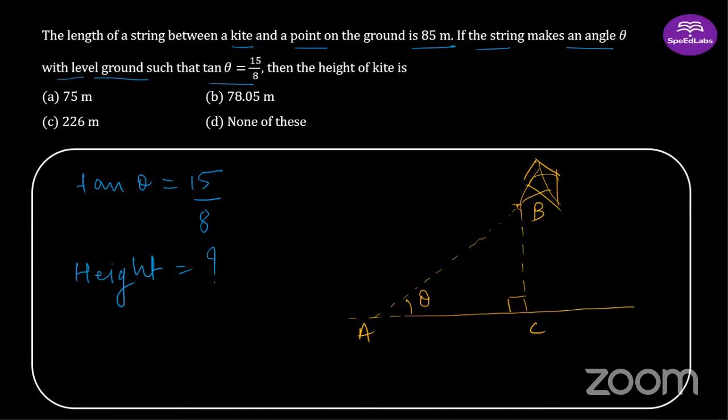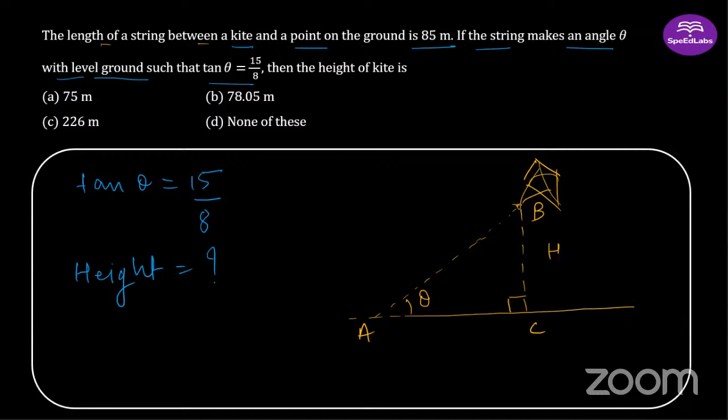Sir, which two sides will be taken? See, length is given. So first we need to sort out what this length would be equal to. The height of the kite, if they have asked, means you have to find BC, right?